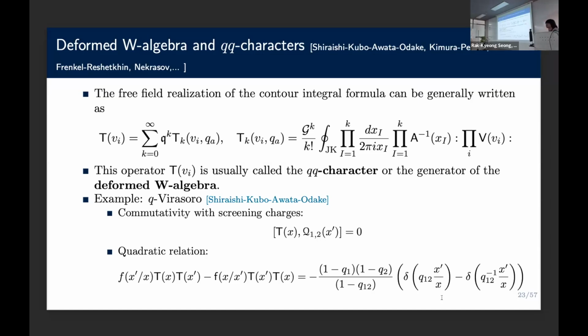Just a question of terminology. K is the number of the instantons. So K is the instanton number. It's not related to the rank of the quantum algebra.